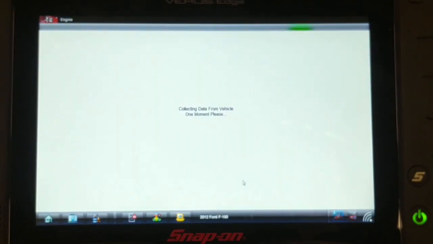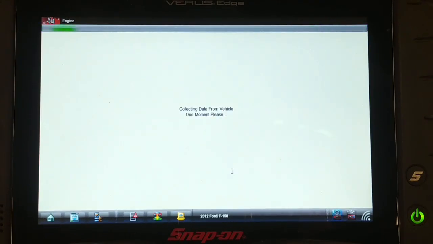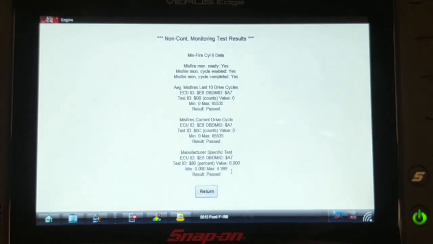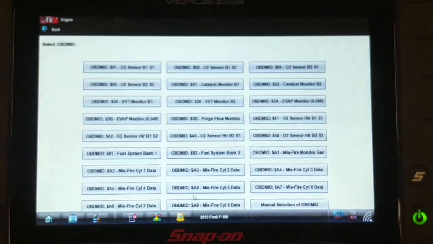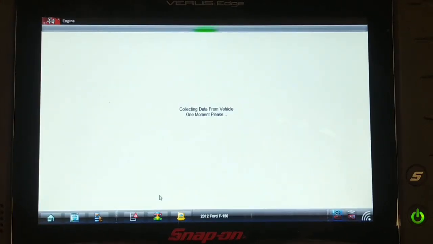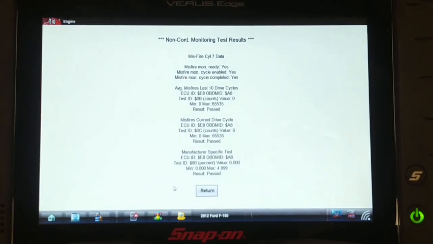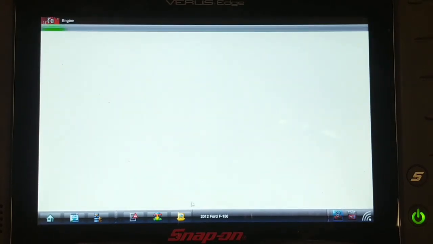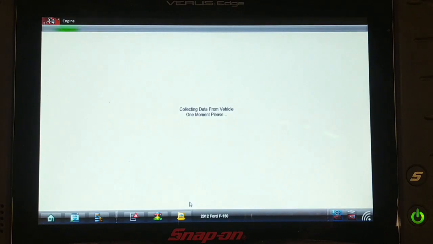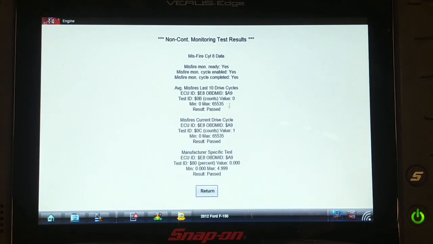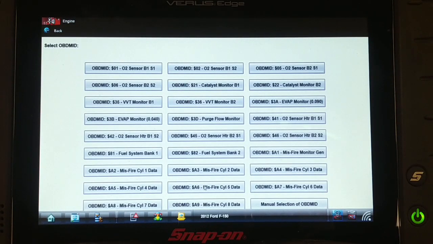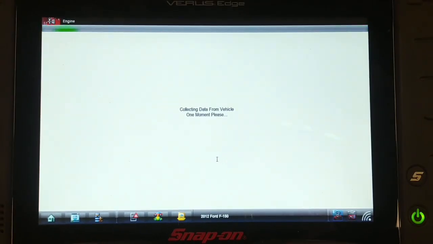Cylinder 6, 0. Cylinder 7, 0. And cylinder 8, 0. So number 2 and 3, I think, were the bad ones.